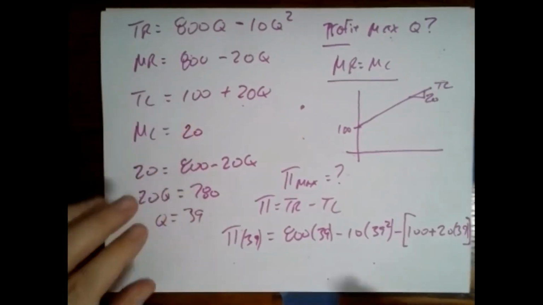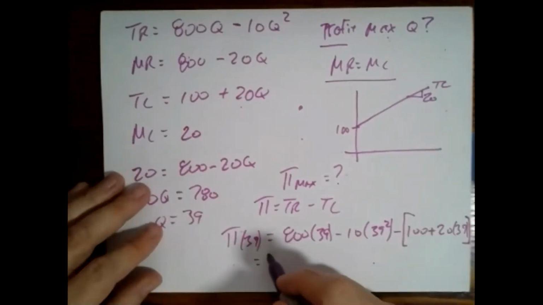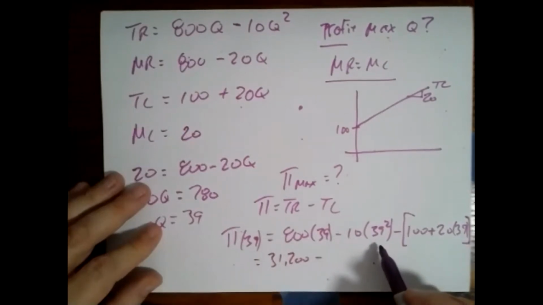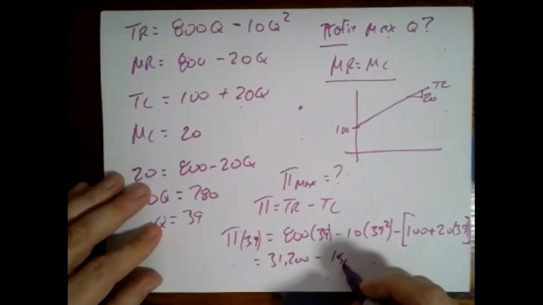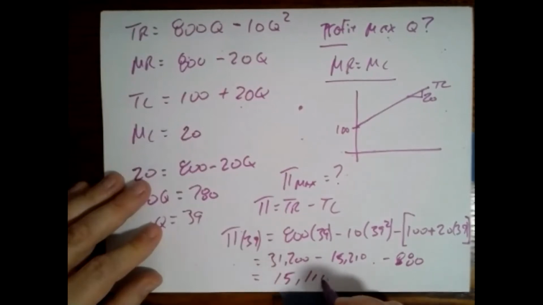So 800 times 39 is 31,200. 10 times 39 squared is 15,210. 20 times 39 plus 100 is 880. If you resolve that, you get 15,110.